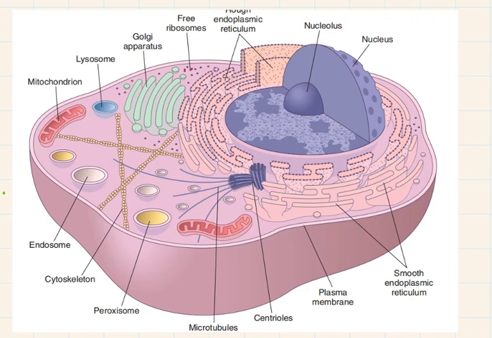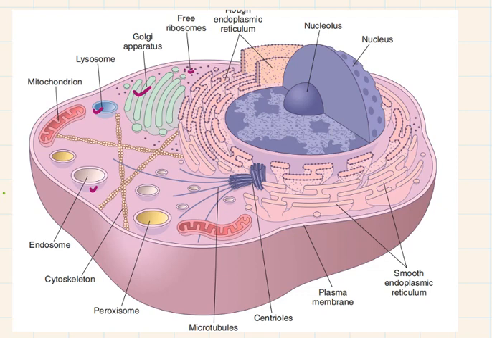This is centrioles, this is microtubules, this is the powerhouse, our mitochondria, this is peroxisome, this is cytoskeleton, this is ribosomes. And this is lysosomes, this is Golgi apparatus, this is free ribosomes. That's it.